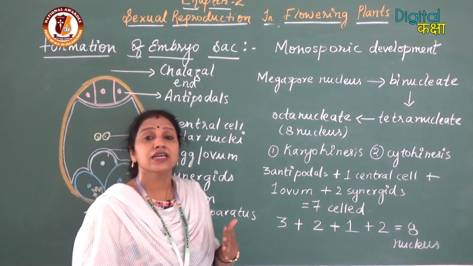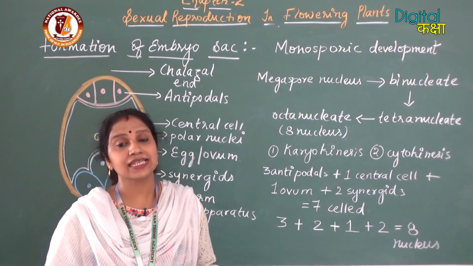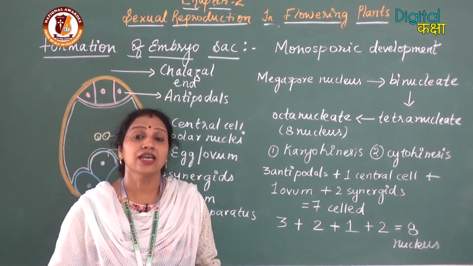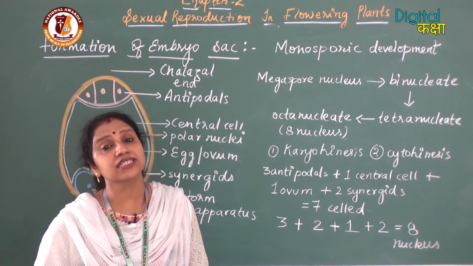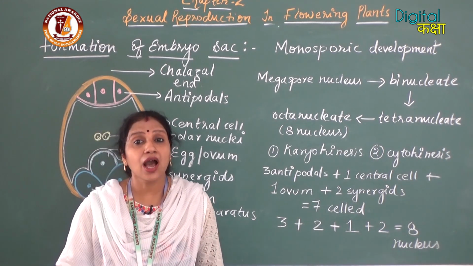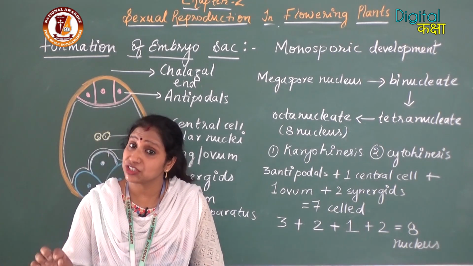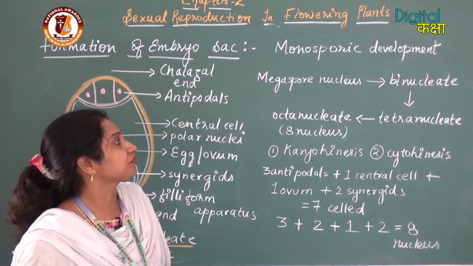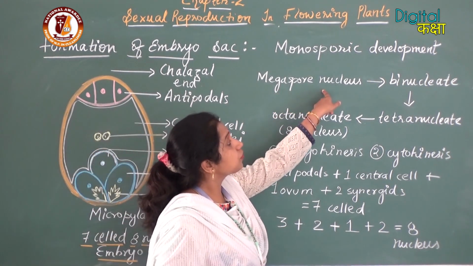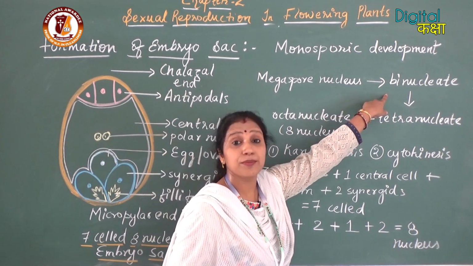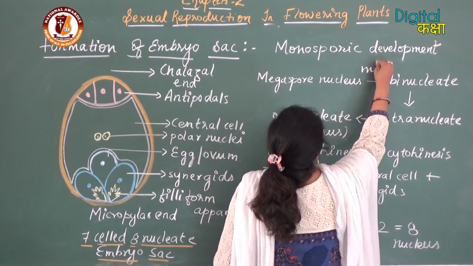Now what happens? For the formation of the embryo sac, first the nucleus divides continuously, or we can say karyokinesis occurs continuously without the formation of cell wall or without the division of cytoplasm. So first the megaspore nucleus will divide by mitosis and become binucleate.